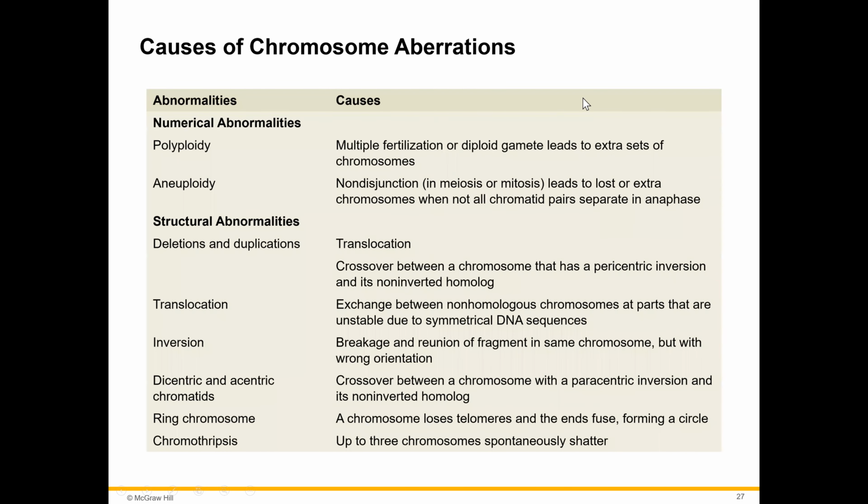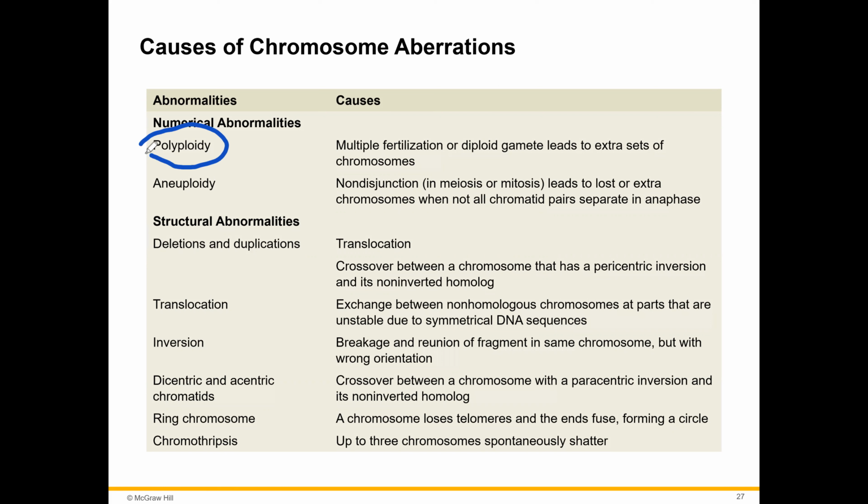So this chart summarizes abnormalities of chromosomes. We can see numerical abnormalities and structural abnormalities.